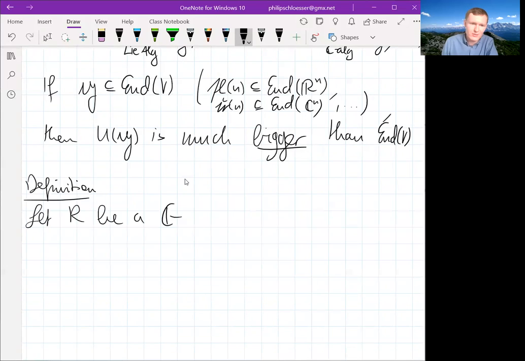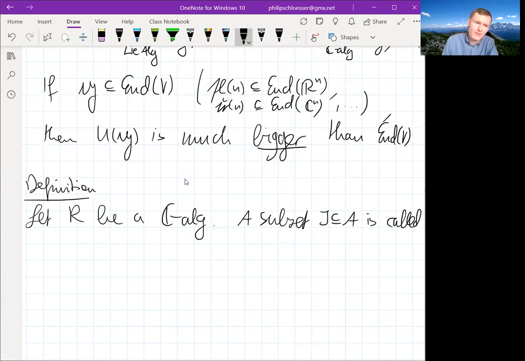If we have a C algebra called R, and we have a subset called I, and this thing is called an ideal, or more precisely, a left ideal, if the following two things hold.